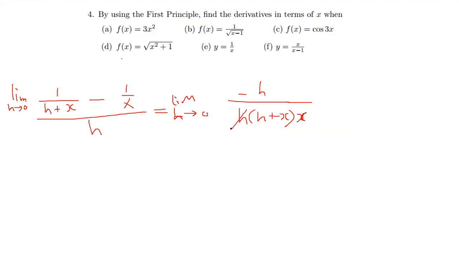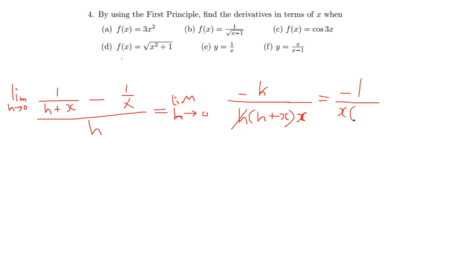So you can see that this h and that h is cancelling, remaining with just this negative 1, and then over, you're going to have x.